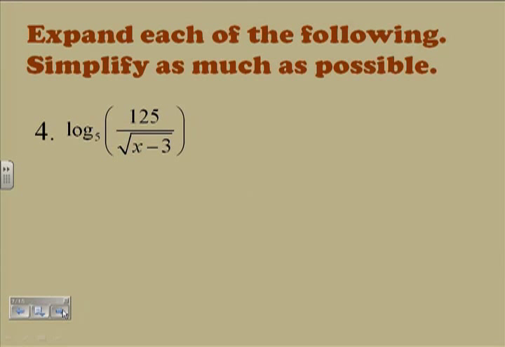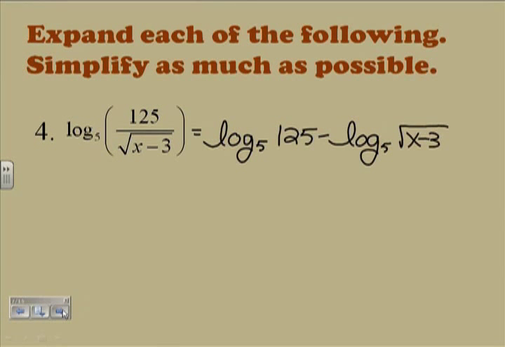And again, we're expanding, and I see a big division going on here. So we'll have log base 5 of 125 minus log base 5 of the denominator. Okay. And depending on your comfort level, you might be able to look at that first term and know right away, oh, 5 cubed is 125.